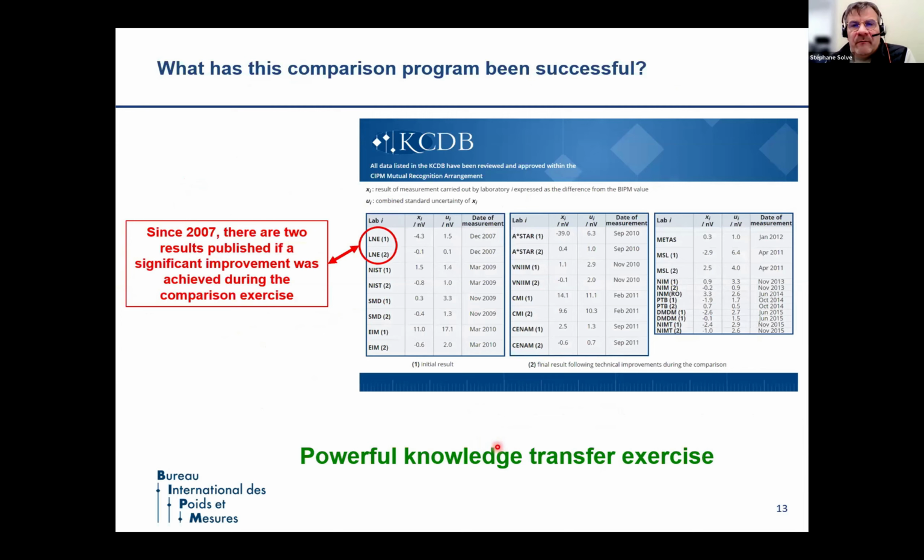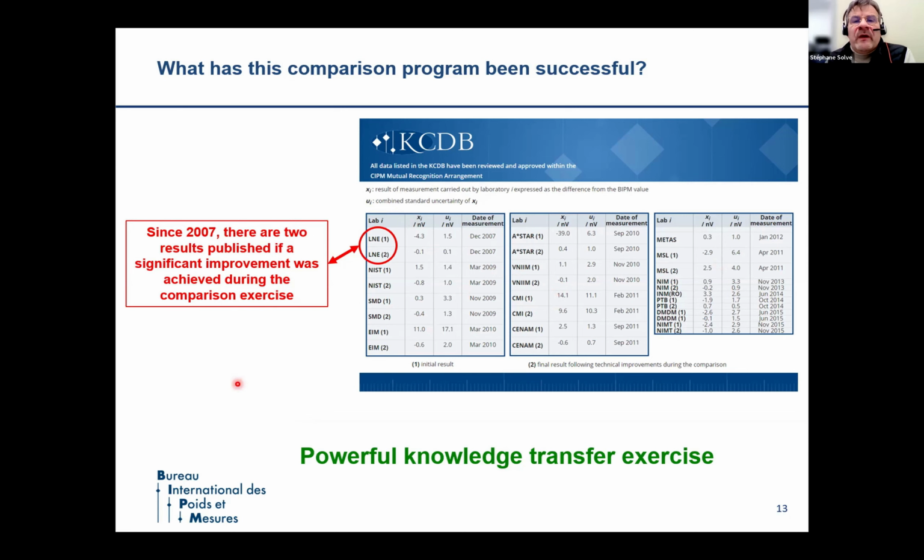The purpose of all this was to show you that between the beginning of the comparison and the first result that can be achieved, and the end of the comparison, there was most of the time a very large difference and improvement from the technical point of view. That's the reason why we decided to publish two results in the KCDB, and you can see that almost all the participants had two results.